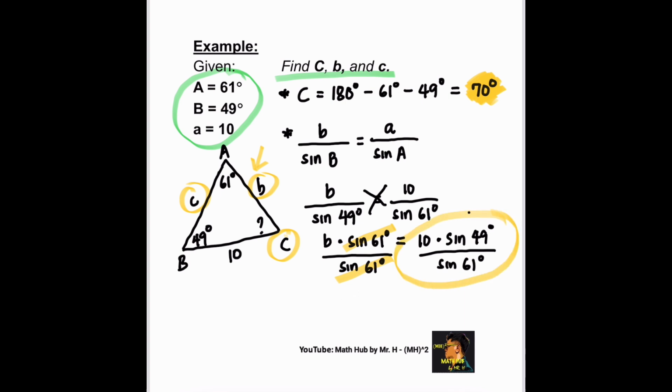If you enter all of this on your calculator, it's going to give you b equals 8.629002686. We can round it to 2 decimal places, depending on the instruction, but for this one, b is approximately equal to 8.63. So that's the second information we're looking for.